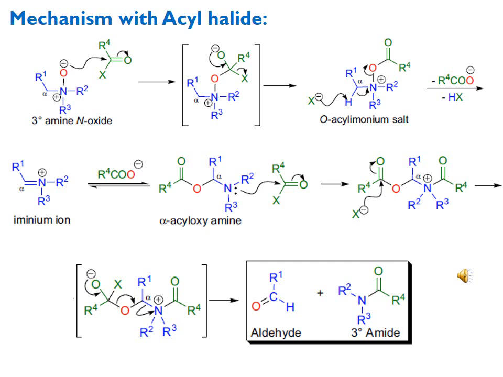Here we get the iminium ion. In the next step, the acylate ion acting as a nucleophile attacks the alpha carbon, and the double bond of carbon and nitrogen is broken, and nitrogen gets the trivalent state, so its positive charge is removed, and we get the alpha-acyloxyamine.